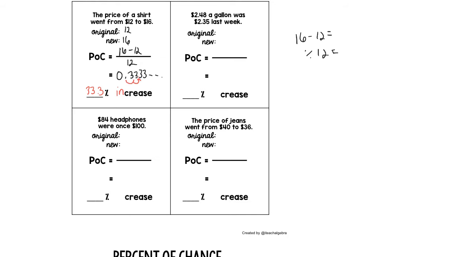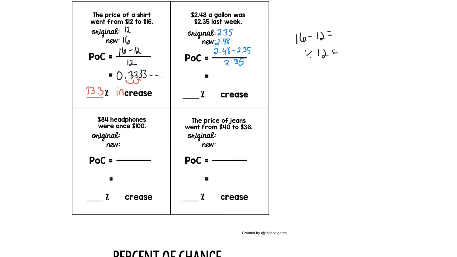$2.48 a gallon. This week was $2.48; last week was $2.35. So the original was $2.35 and the new is $2.48. We take new $2.48 minus old $2.35 over old $2.35.